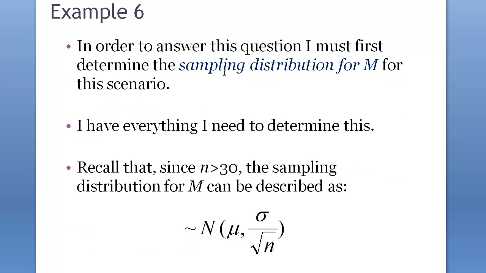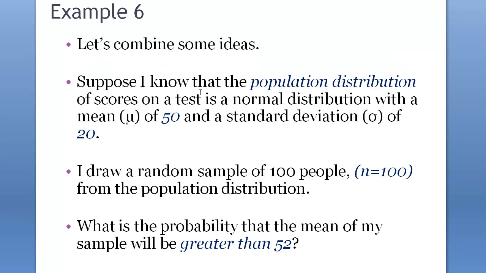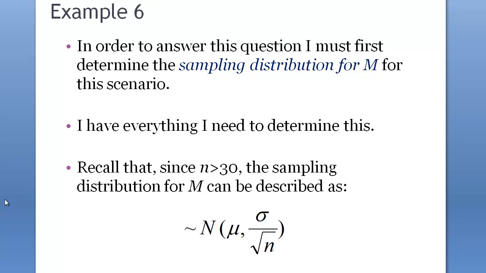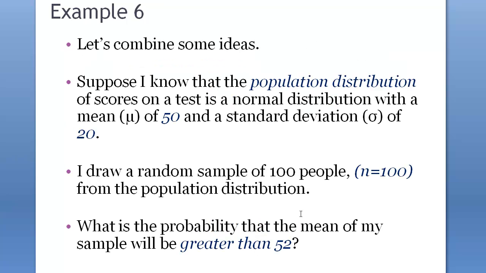First, you need to figure out some things. It doesn't say the population is normal, but because the sample size is 100, the sampling distribution is going to be normal, so we can use a z-score to figure things out. Let's calculate the standard error, because we need it.